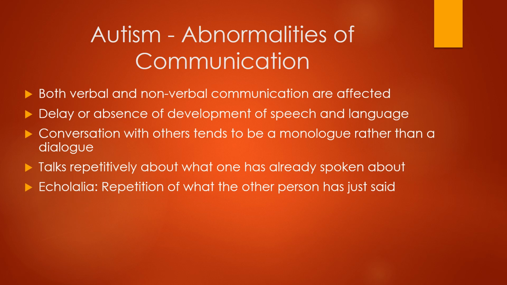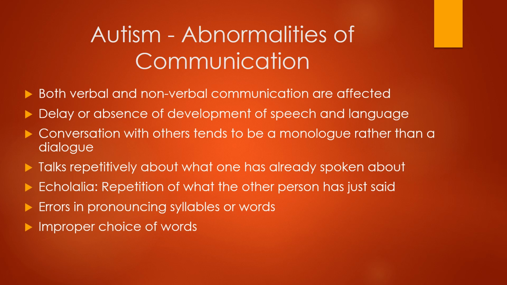There may be echolalia, repetition of what the other person has just said. There might be errors in pronouncing syllables or words. There might be improper choice of words. And in some cases, there might be incoherence in speech.